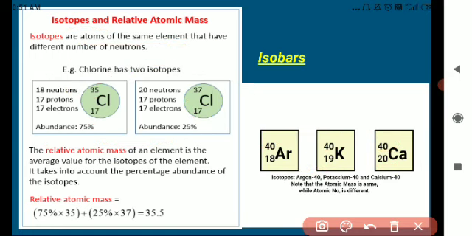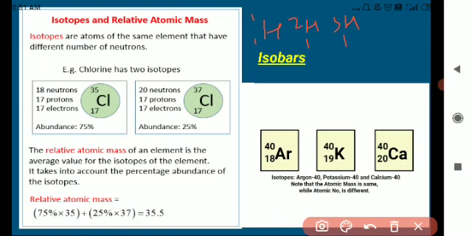Okay, let's talk about isotopes first. You should remember one thing: hydrogen has three isotopes. It is already written in your book. That means their atomic number will remain the same, 1 only, for each hydrogen. The mass numbers will be different: 1, 2 and 3.